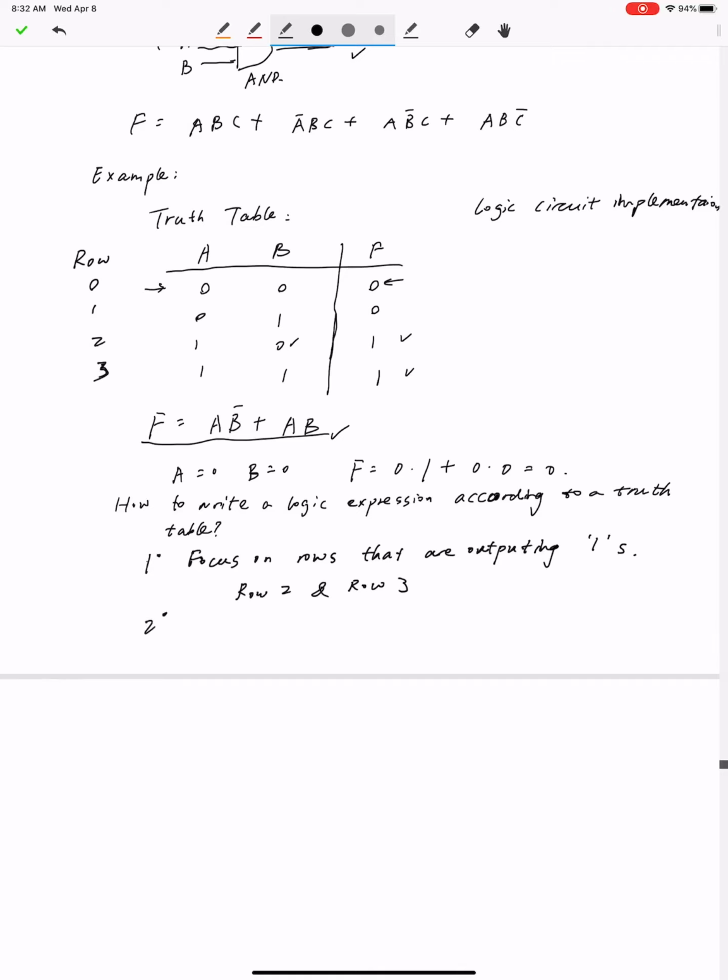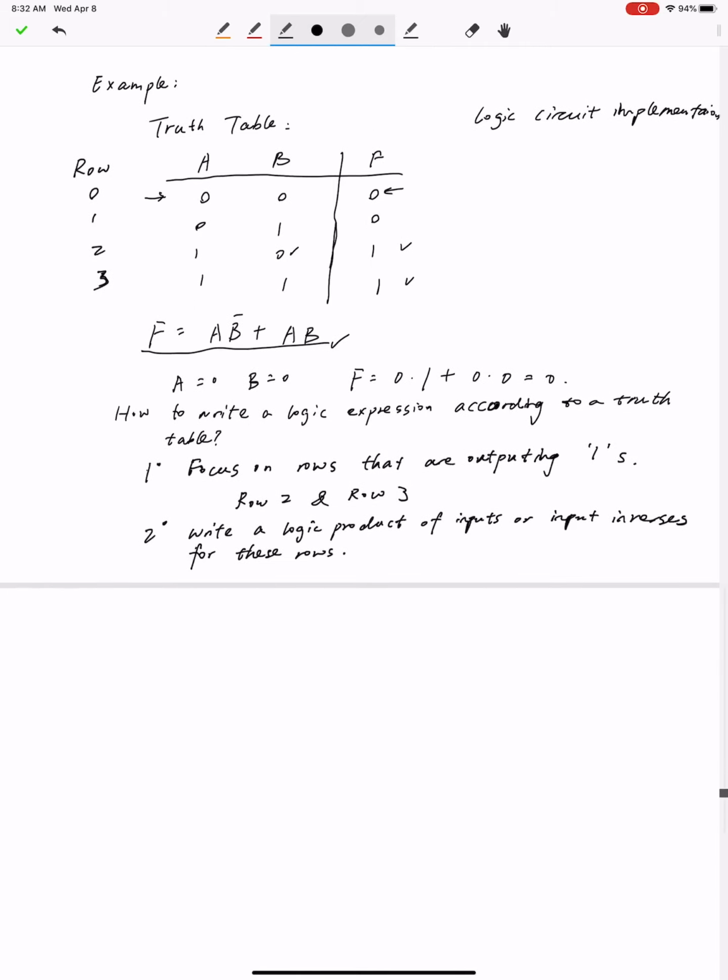All right, the second step is we write a logic product of inputs or input inverse for these rows. Right. So in this example, row 2, we have two inputs, 1, 0, which means if you have 1 on input, that is the original input.